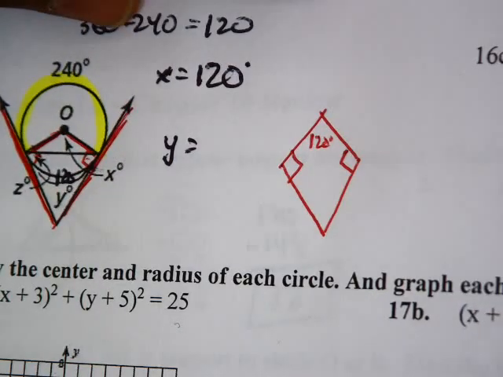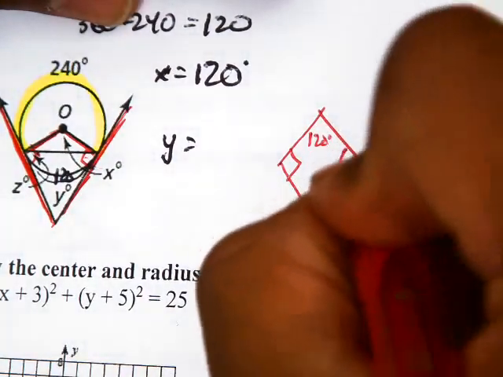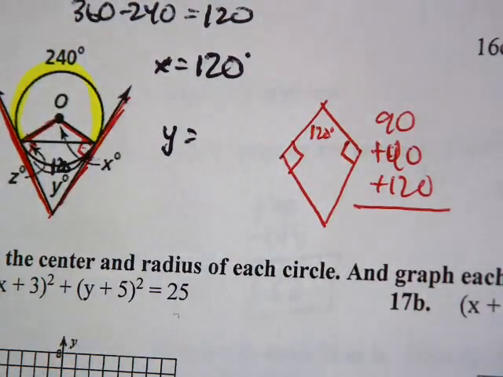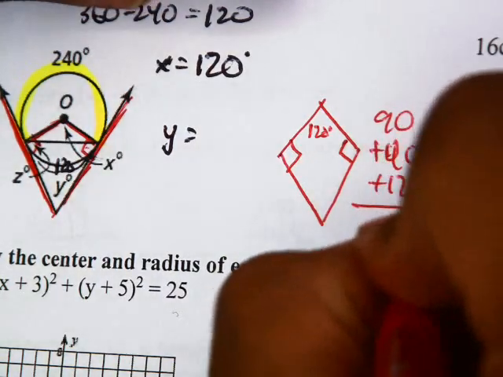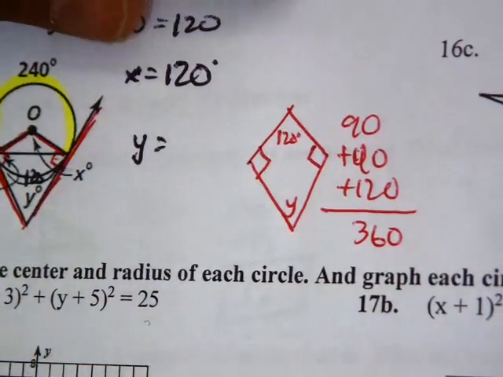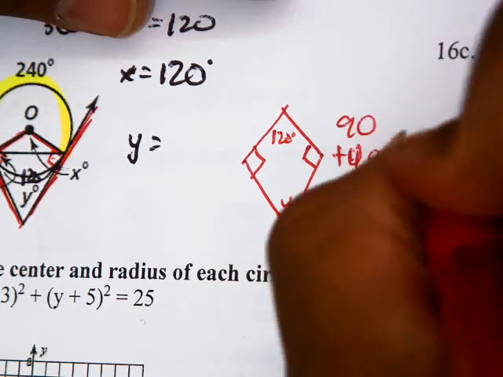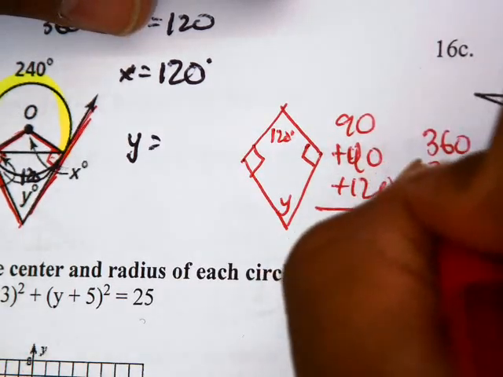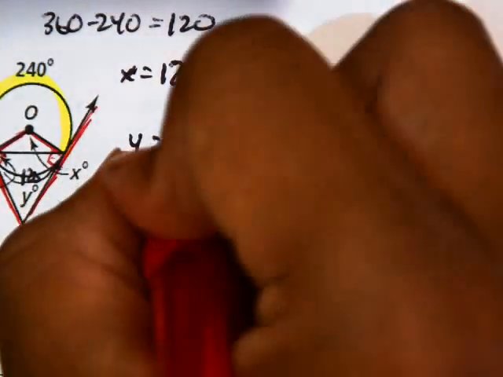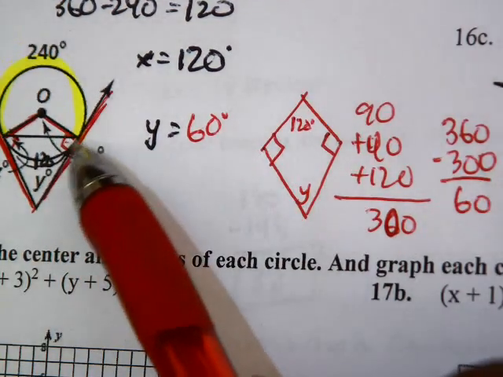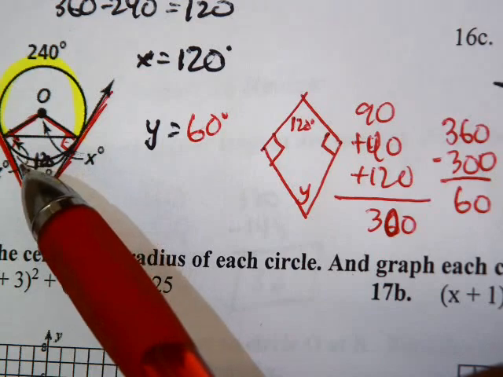And so for Y, we can do 90 plus 90 plus 120. That equals 300, my fault. To get Y, we subtract that from 360. So Y is 60 degrees. It's also half of that arc that got formed.